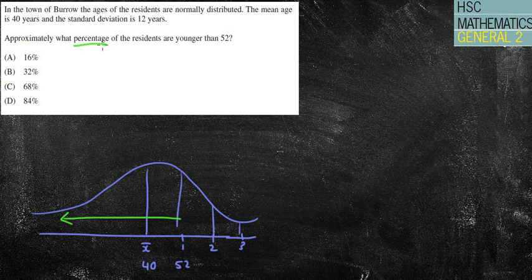And it says what percentage. Automatically, that part of it is 50% already, because that's halfway, it's the mean. This little bit is 34%, so I simply need to add those together to make 84%, which is going to be D. So again, you don't need to write the whole lot out, just the bits that you need.